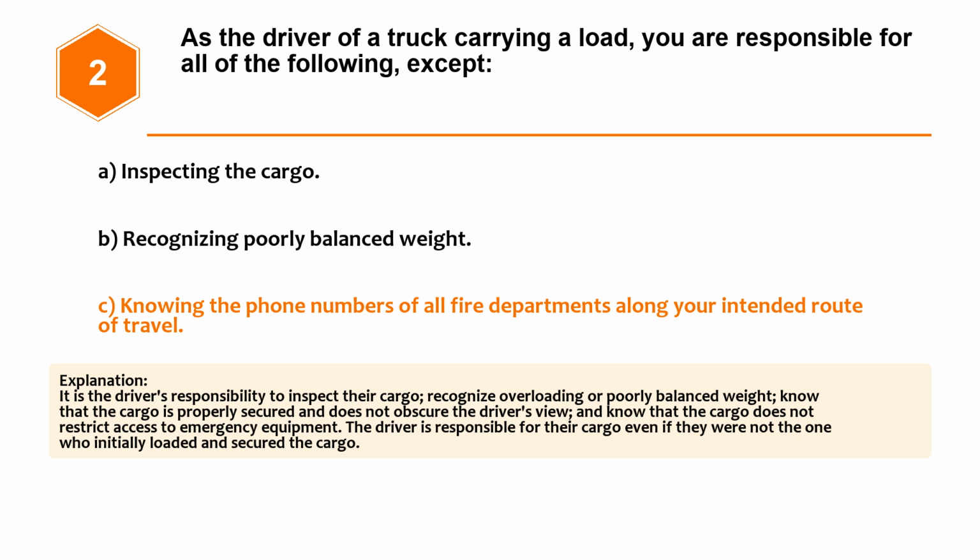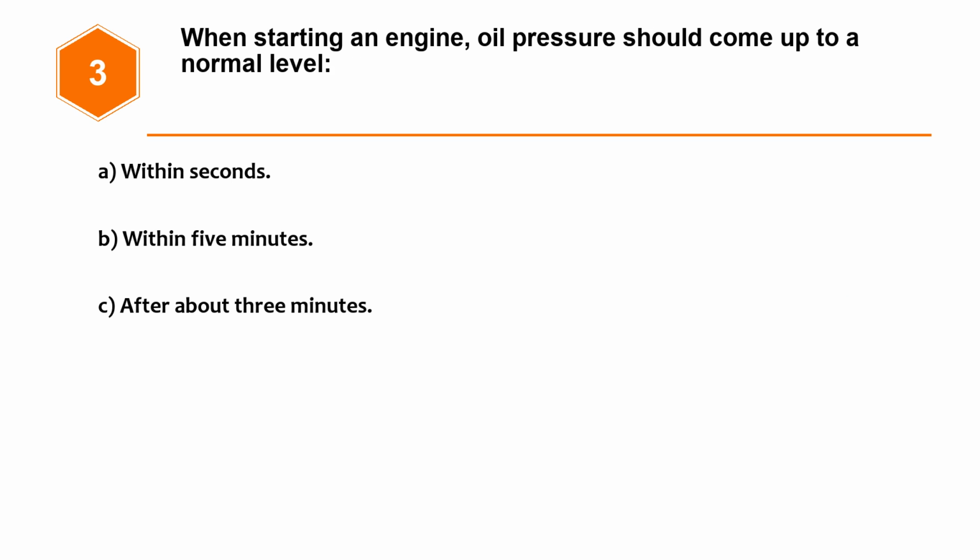It is the driver's responsibility to inspect their cargo, recognize overloading or poorly balanced weight, know that the cargo is properly secured and does not obscure the driver's view, and know that the cargo does not restrict access to emergency equipment. The driver is responsible for their cargo even if they were not the one who initially loaded and secured the cargo.